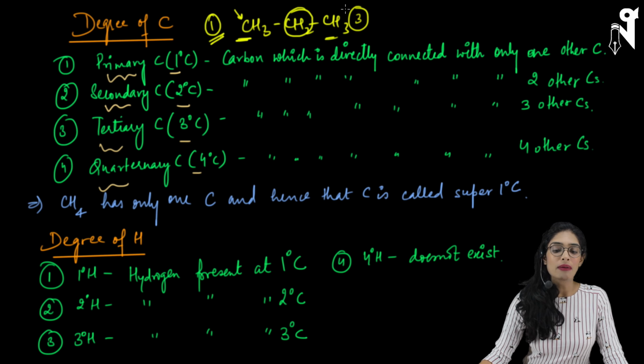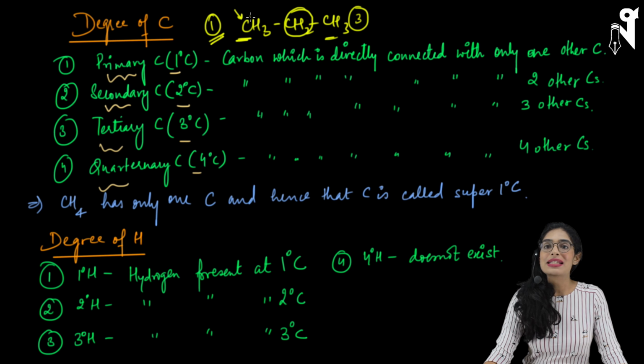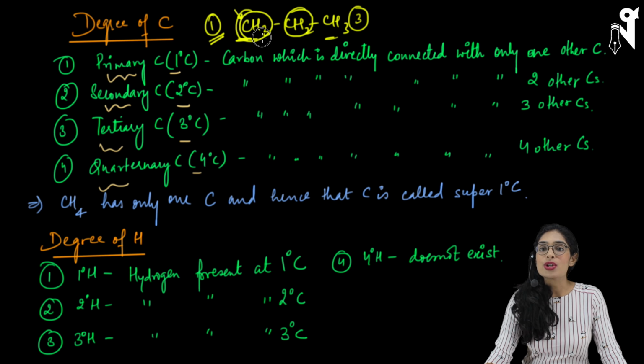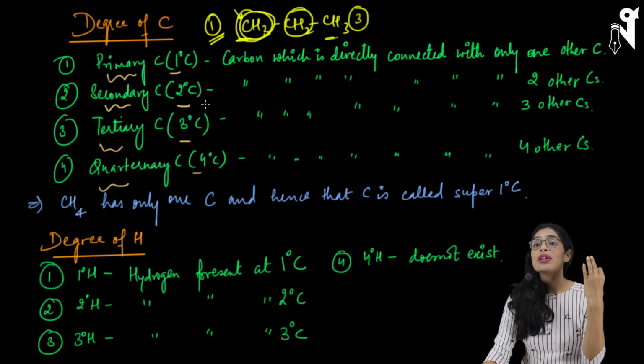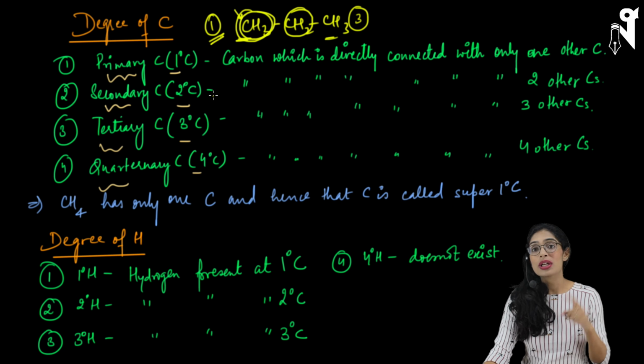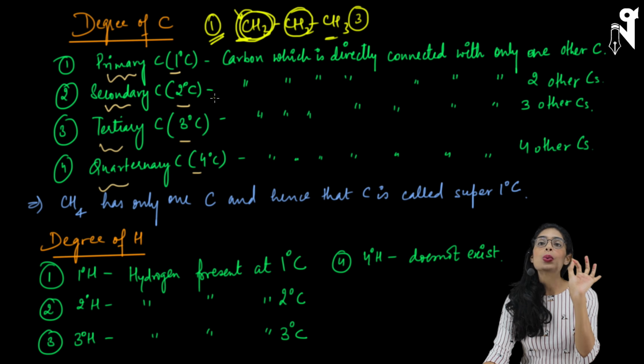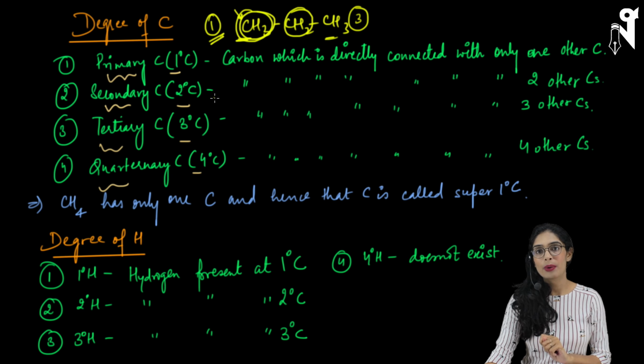Now, in the same compound, let's talk about this first carbon, that is CH3. I just mentioned that out of 4 valencies, 3 valencies have been fulfilled by hydrogen and one is with carbon. So basically it has only one carbon attachment. It is attached to only one carbon atom, right?